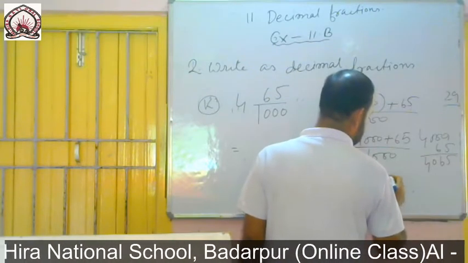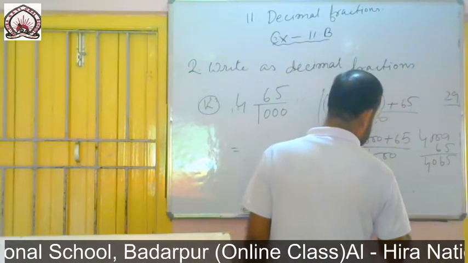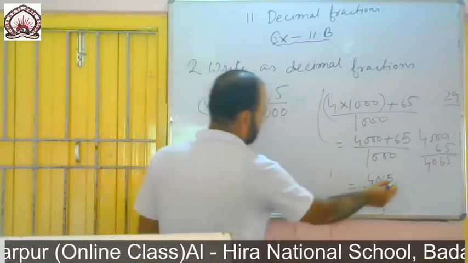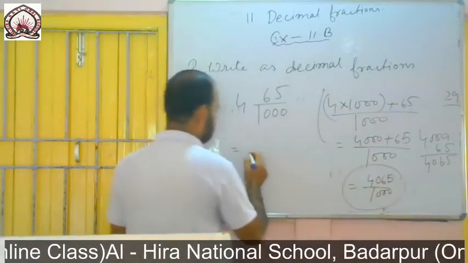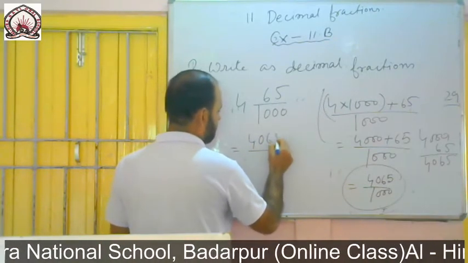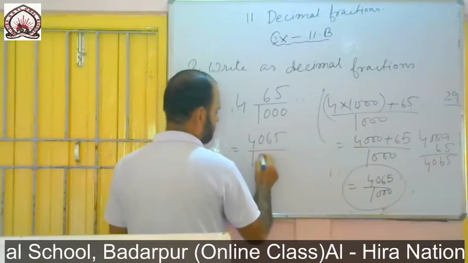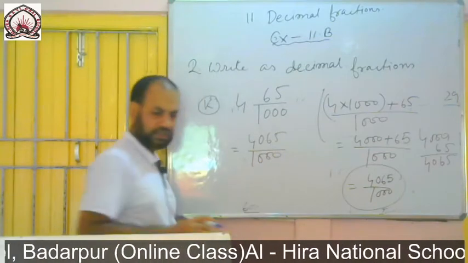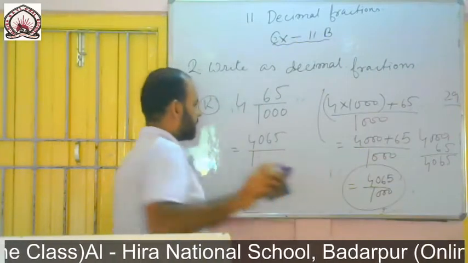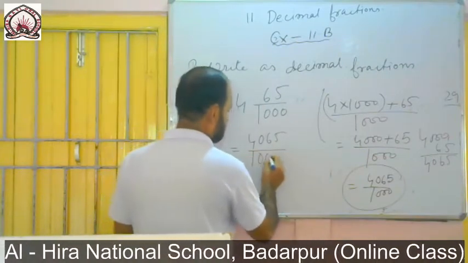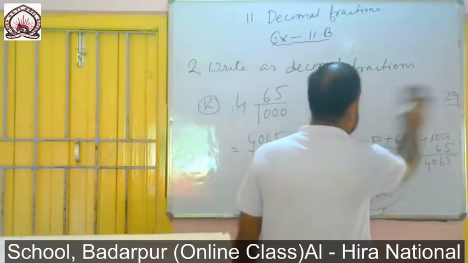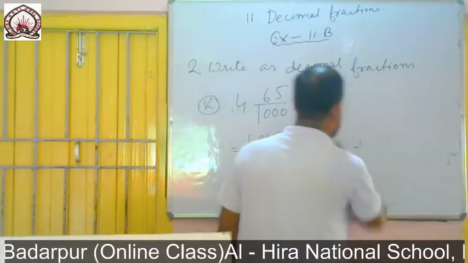So we get 4065 by 1000. Now we write the decimal fraction.